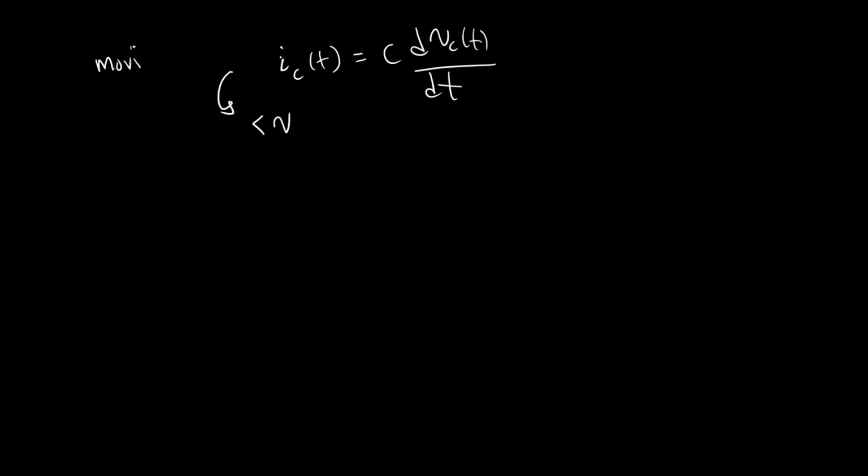So we can start with IC of t is equal to C dVc of t by dt. I hope this is familiar to you. We look at the moving average. Again, we're operating in steady state.